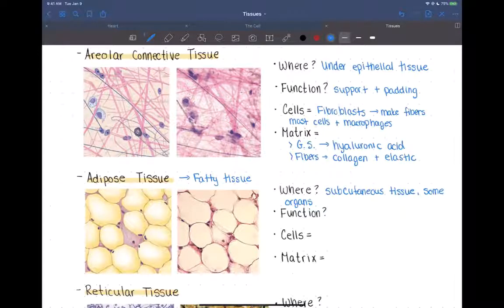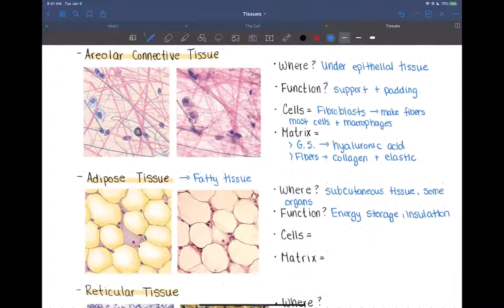The function of fat is energy storage mainly. The reason we store fat is to use it for energy as kind of a backup source of energy. Also insulation from heat, preventing heat loss. That would be one really important function with it being right under the skin.